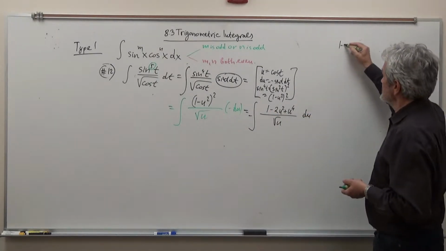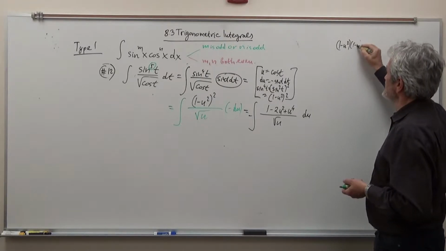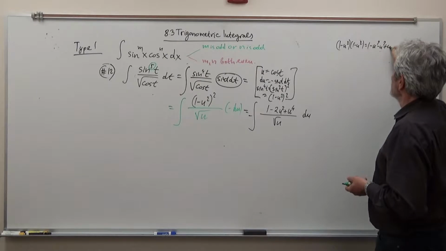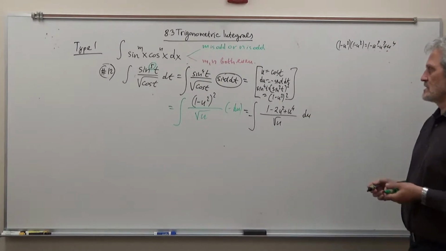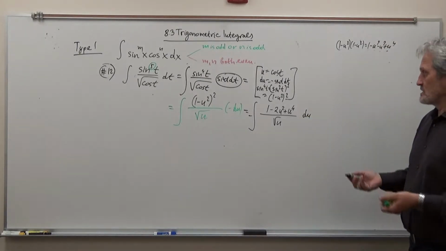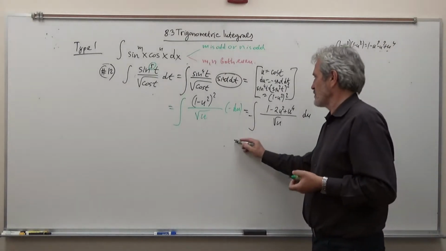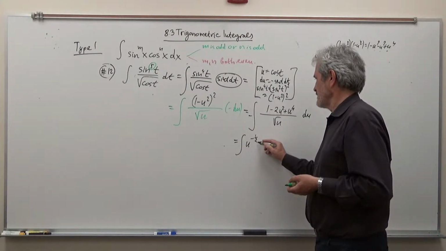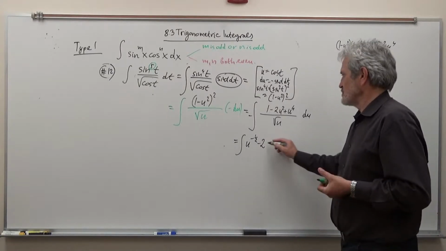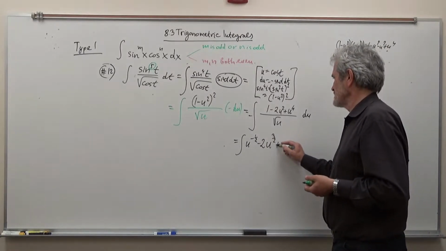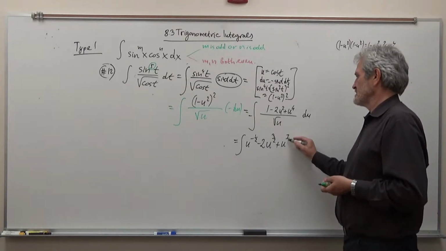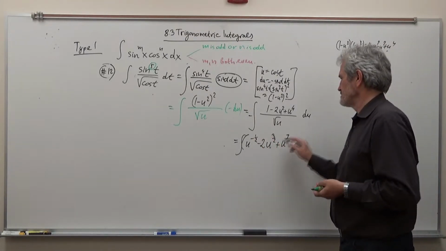What I use here is 1 minus u squared times 1 minus u squared is 1 minus 2u squared plus u to the 4th, which is exactly there. And now I can do the splitting, and I get power rules. 1 over square root of u is u to the negative 1/2, minus 2u to 3/2, plus u to 7/2, du.